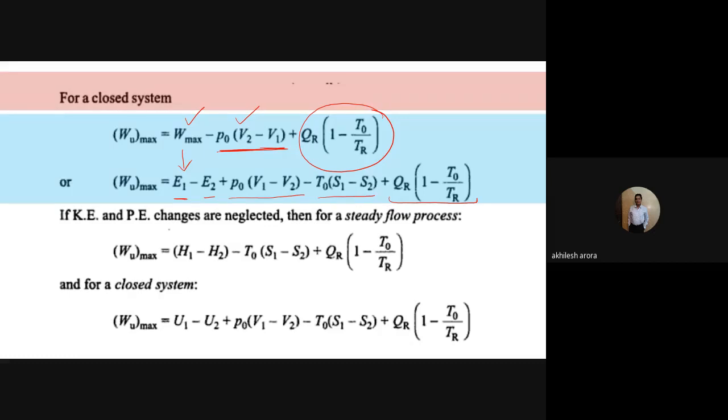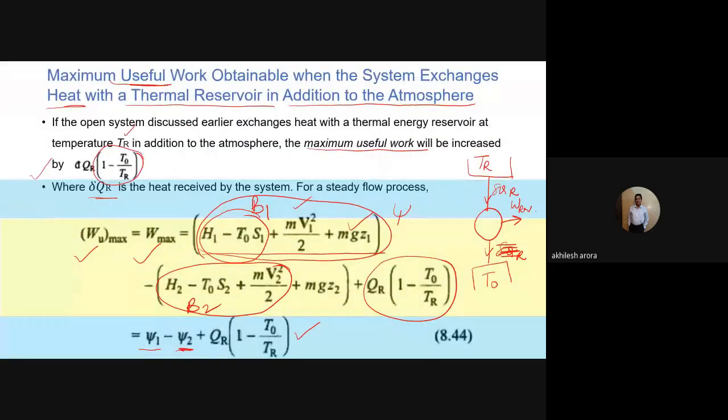So you can see now what we are writing is kinetic energy and potential energy. If we are neglecting the changes in kinetic and potential energy, and we are talking about a steady flow process, which was written on the last slide, see this slide. If we neglect the kinetic energy term and the potential energy term, this term will go, this term will go, and we will be left with B1 minus B2 plus Qr into 1 minus T naught over Tr.